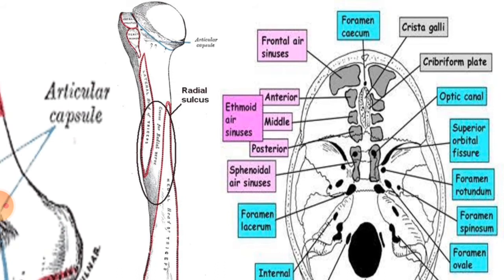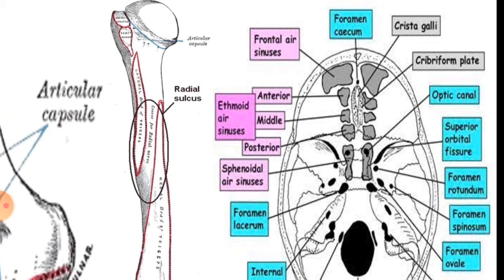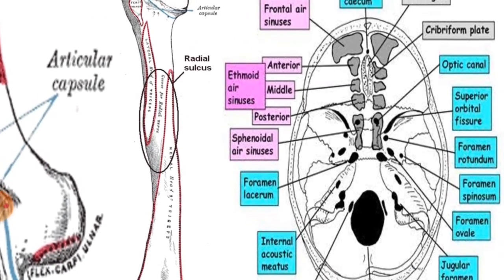Okay, next comes the canal or meatus, and just like the groove that was a depression with some length, the canal or meatus would be a foramen with some length, and these are the external auditory meatus, pterygoid canal, hypoglossal canal, stylomastoid canal. Here you can see many canals.